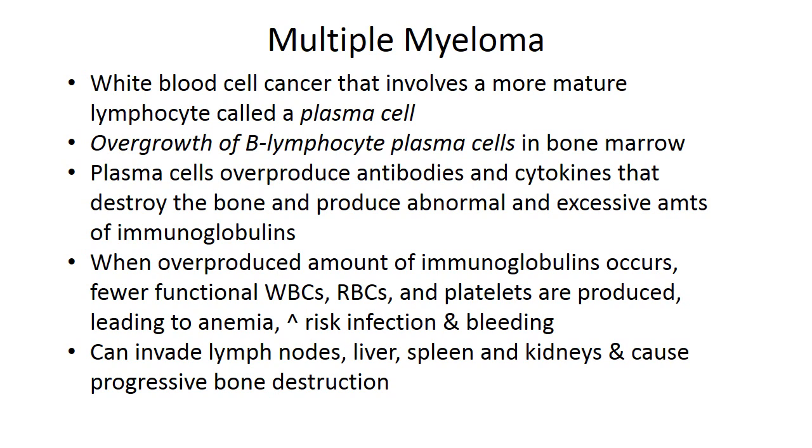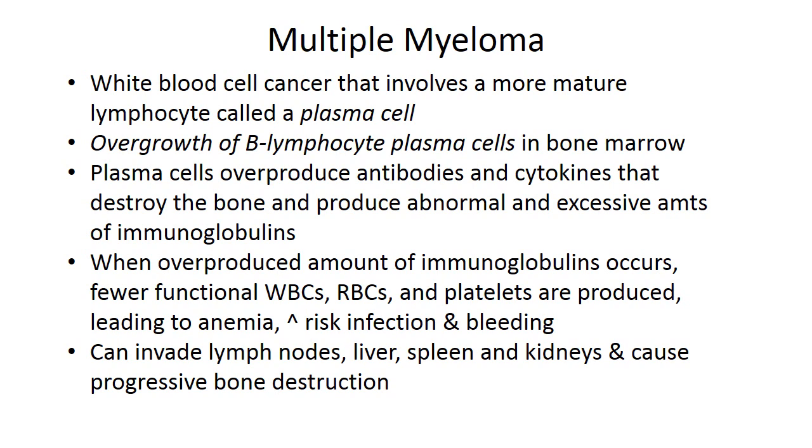When immunoglobulins, such as IgG and IgA, are overproduced, there are fewer functional white blood cells, red blood cells, and platelets. So we don't have those produced; we have these immunoglobulins and an overgrowth of B lymphocyte plasma cells.